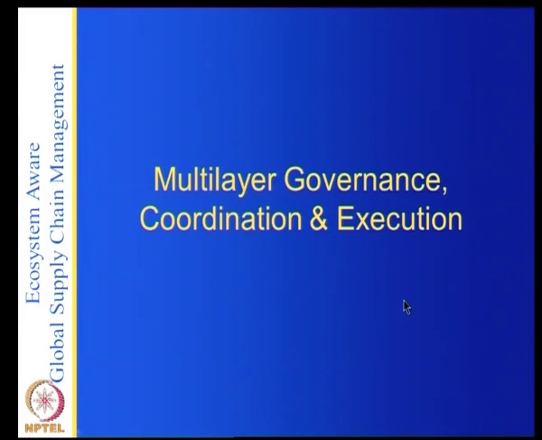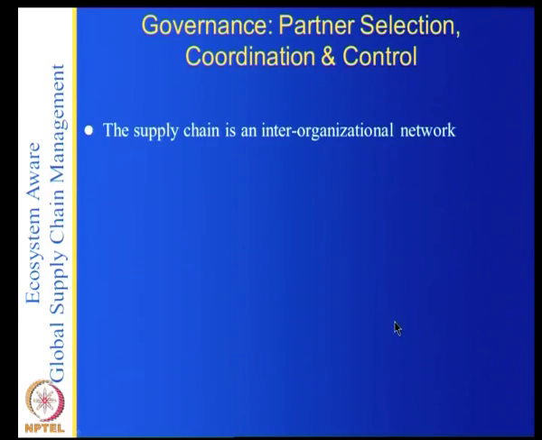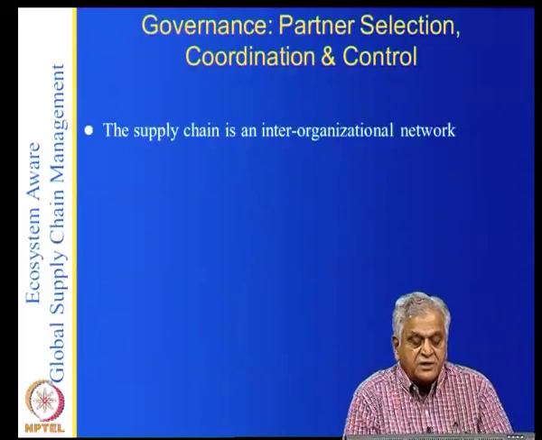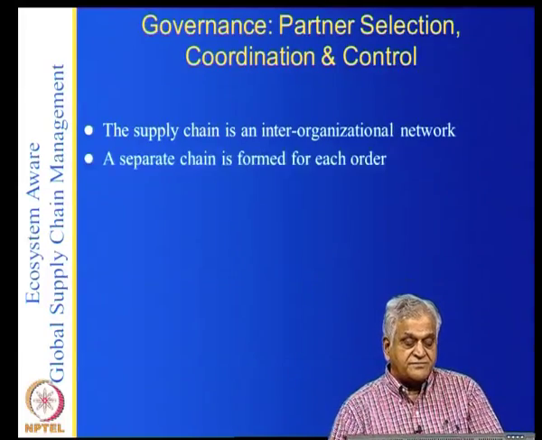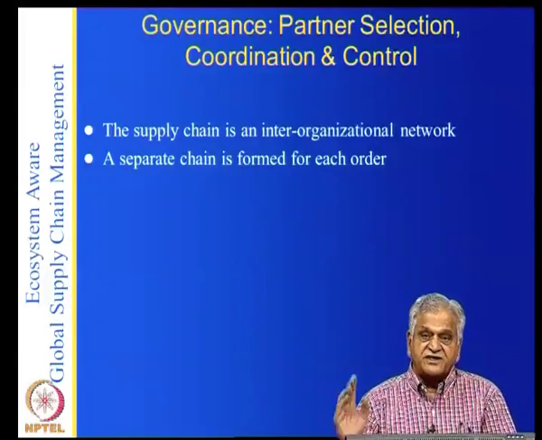So, what we are leading to here is what is called multi-layer governance, coordination and execution. What does governance mean? It's partner selection, coordination and control. First of all, the supply chain is an inter-organizational network. A separate chain is formed for each order.